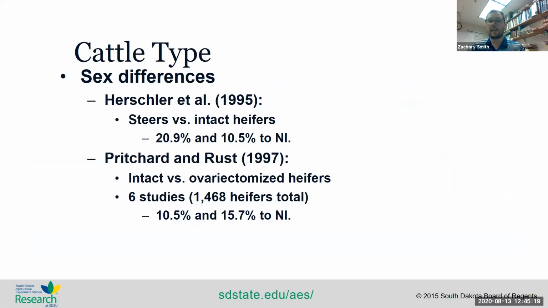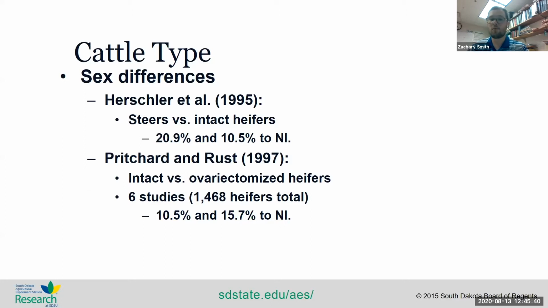Hirschler and others in 1995 compared steers versus intact heifers. And in that data set, they indicated about a 21% increase in average daily gain for steers relative to non-implanted animals. And with intact heifers, this was approximately 10.5%.